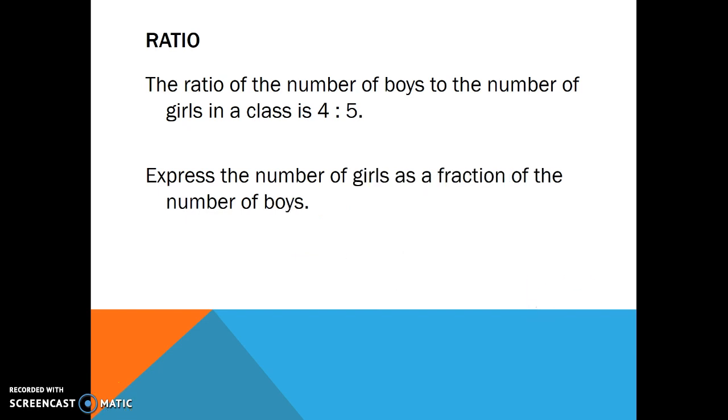Now we want to know the ratio of the number of girls as a fraction of the number of boys. So our of is boys, so that goes on the bottom, and we want girls over boys, or 5 over 4.